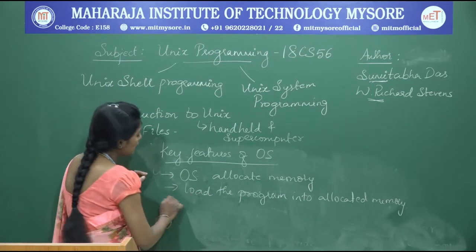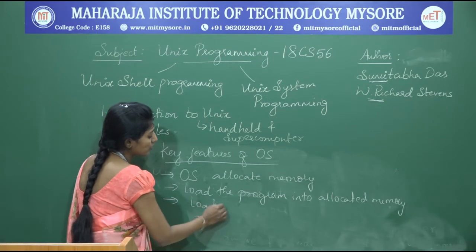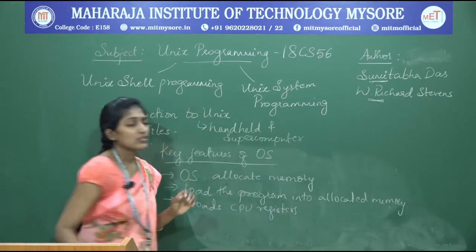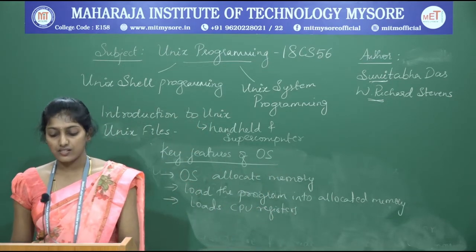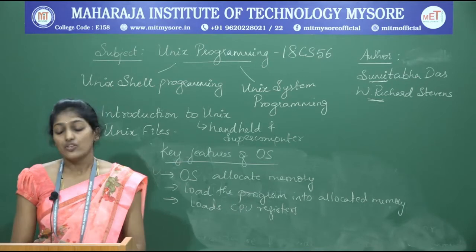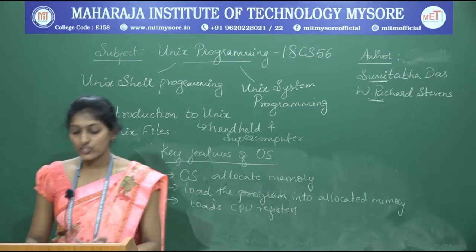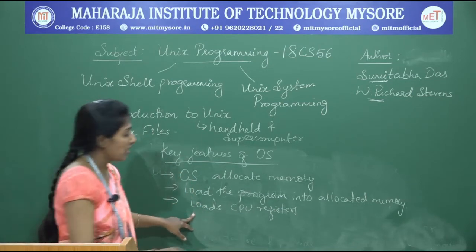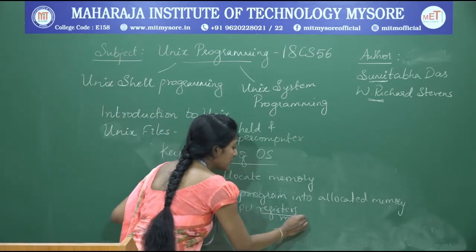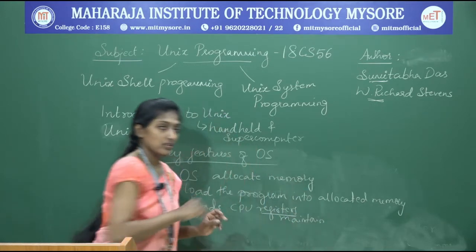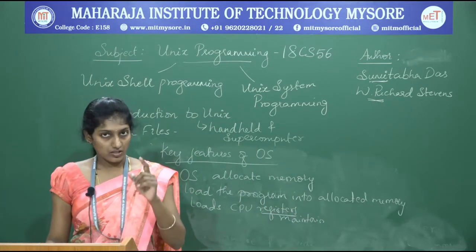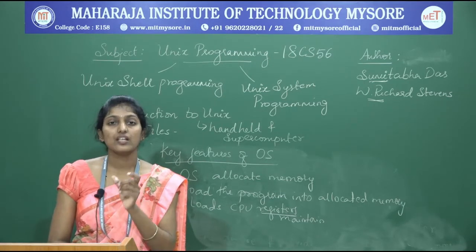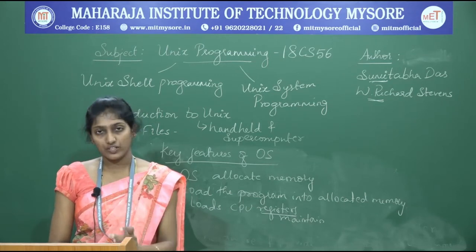Then the OS is going to load the CPU registers. What do these CPU registers actually comprise of? The CPU registers basically maintain the memory allocations, where each segment of the program has been stored, provided for each and every program or segment of a program.